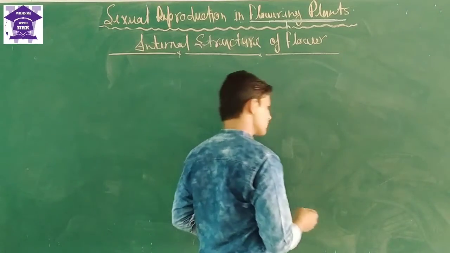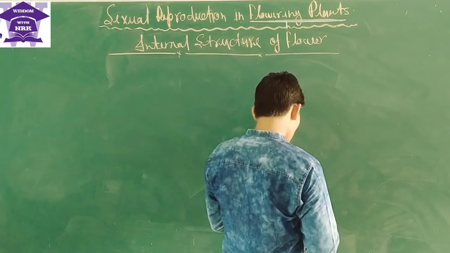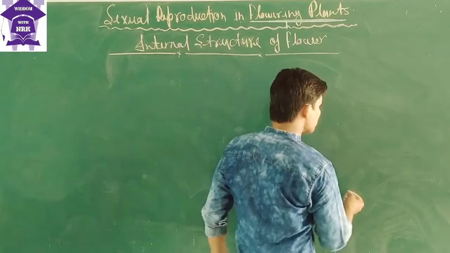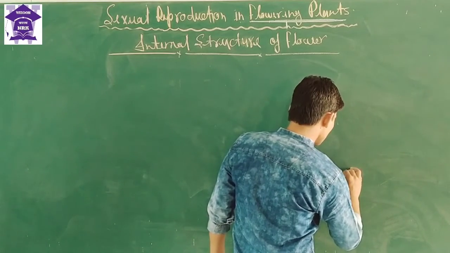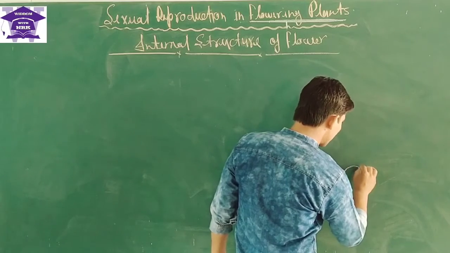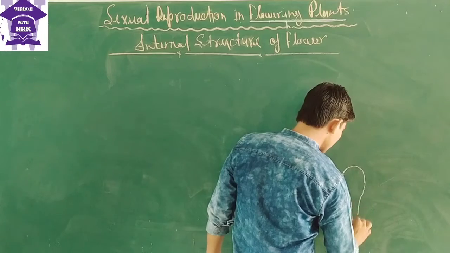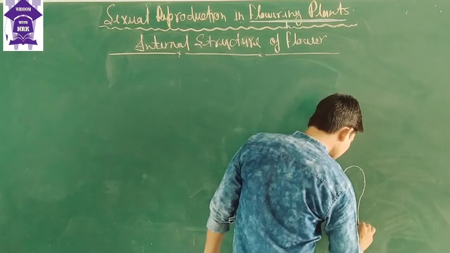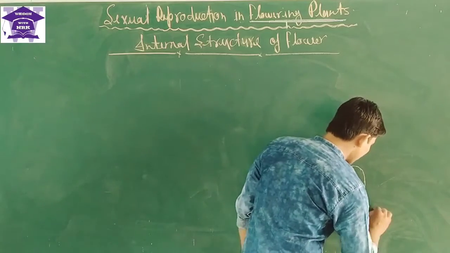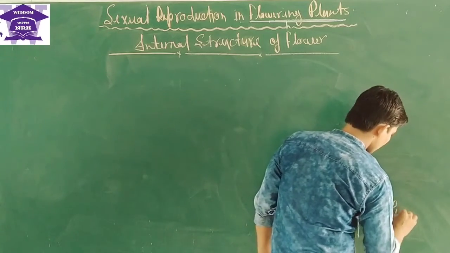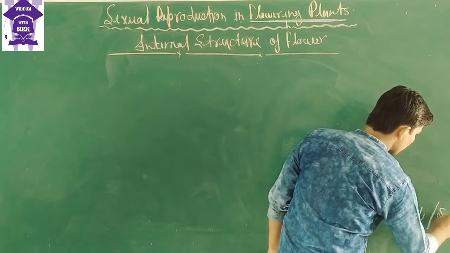So I am making here a transverse section of a flower. Now here is a swollen part, and this swollen part is located on a stalk-like structure that is known as the pedicel or stalk.